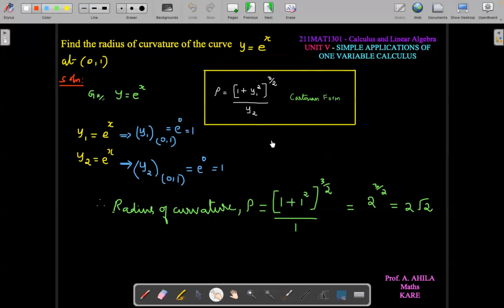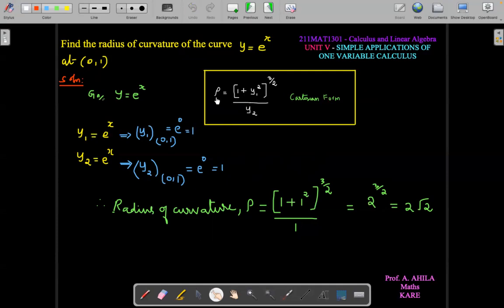Sticking to our syllabus, we see radius of curvature only with respect to Cartesian form, so we do the problem by Cartesian form. It can be done by implicit form also if the curve is in implicit form. Here the curve is in normal form, so we can do it by Cartesian form itself.